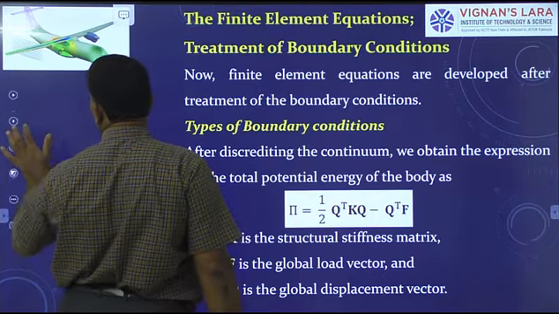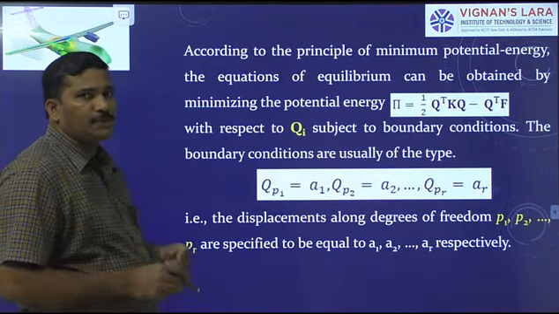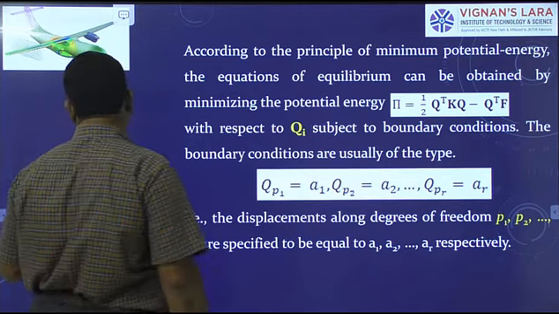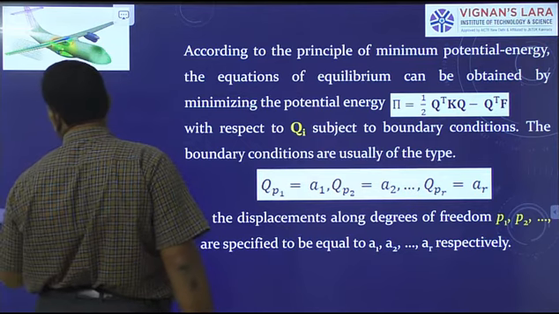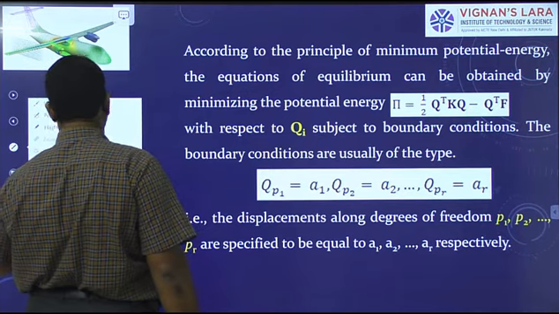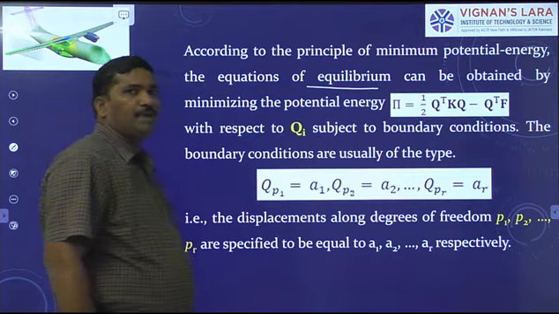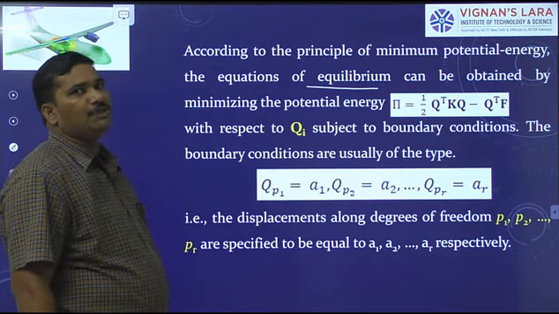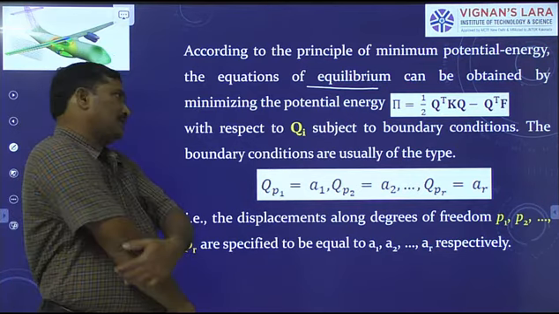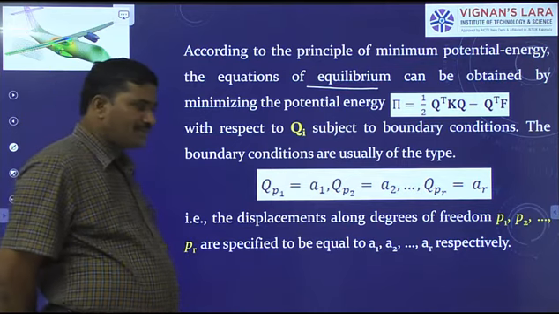Okay, so now, according to the principle of minimum potential energy, the equations of equilibrium are obtained by minimizing the total potential energy of the elastic solid. What does the principle of minimum potential energy say?